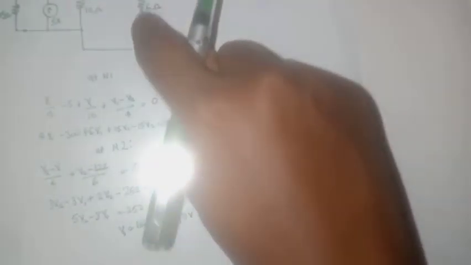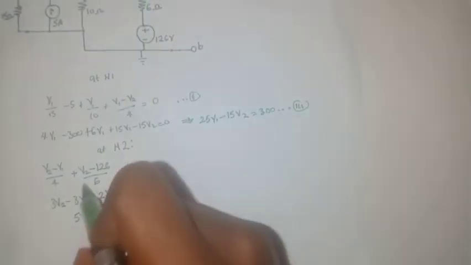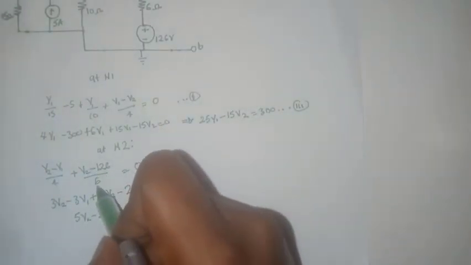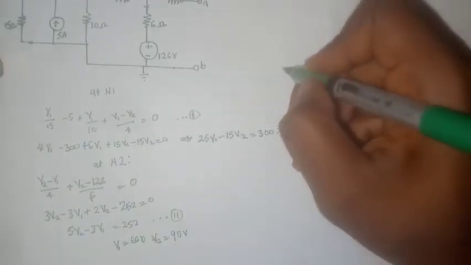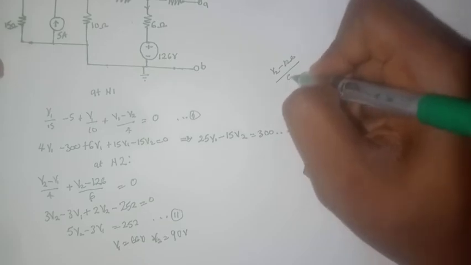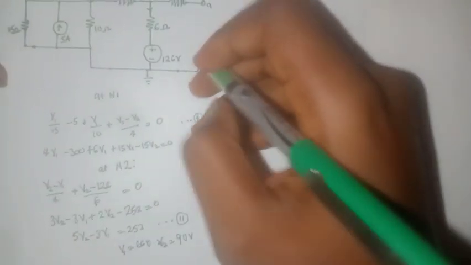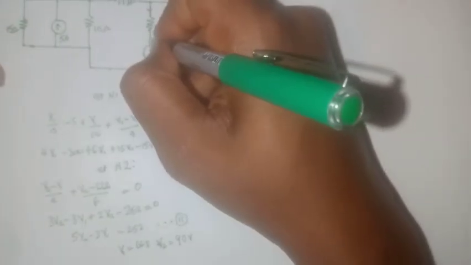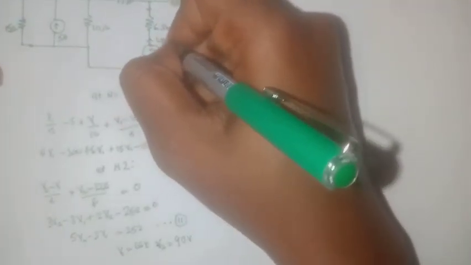So we know that the current flowing in this branch would be V2 minus 126 divided by 6, which is equal to minus 6 amperes. So we have a current flowing in this direction, and it is 6 amperes.